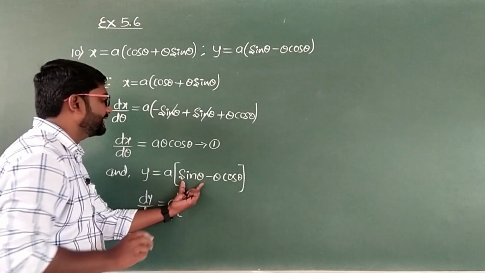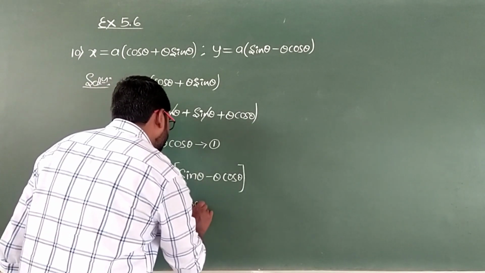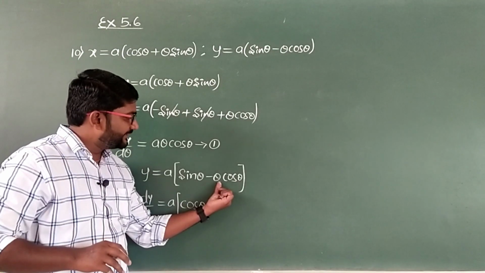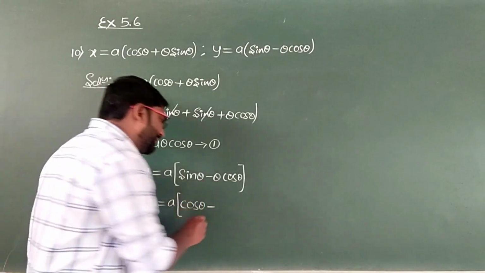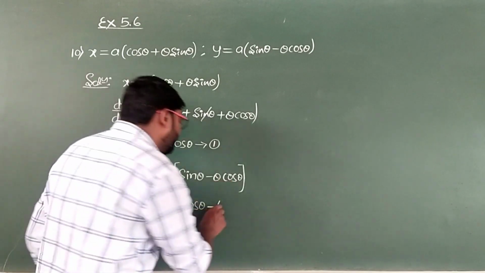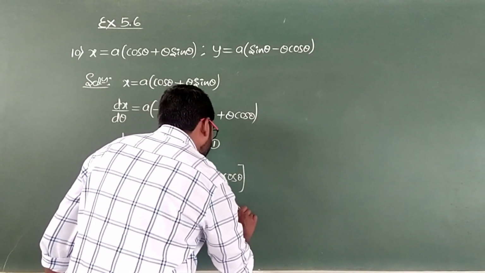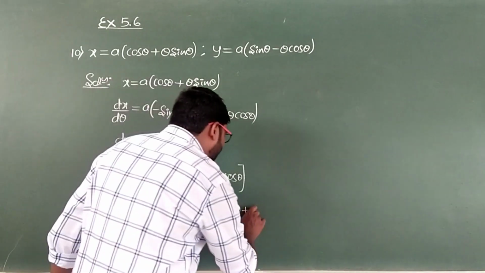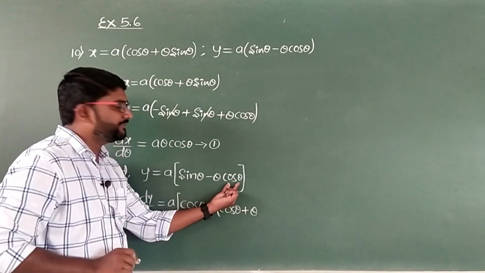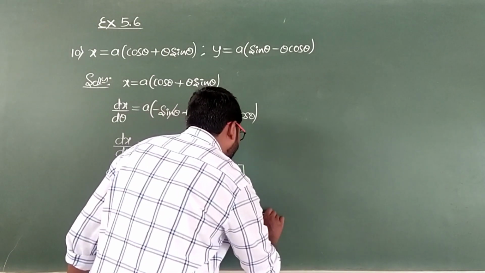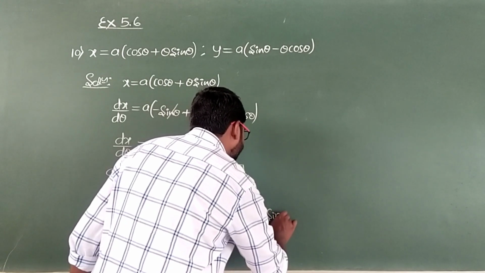Now the derivative of sin theta is cos theta, and then minus. Here we have to make use of the product rule, and since there is a minus sign, I will consider the bracket now. The derivative of theta is 1, 1 into cos theta is cos theta. Then plus, now write the first term as it is, theta as it is. Take the derivative of the second term. The derivative of cos theta is minus sin theta. So we get minus sin theta.